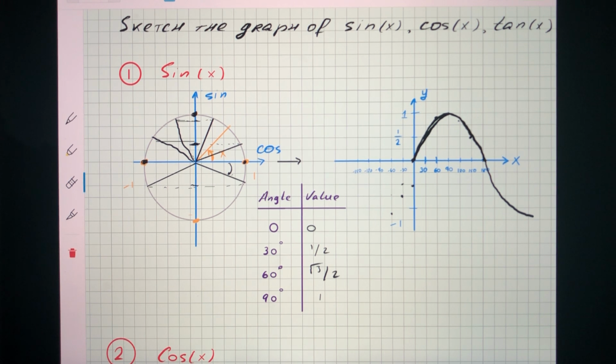So here let me remove some of these dots, make it a little clearer. So at -30 we are at -half, at -60 we are almost -1, and at -90 we are at -1. So here is the other piece, and again it'll continue this way forever and ever, because we can move through the circle as many times as we want.